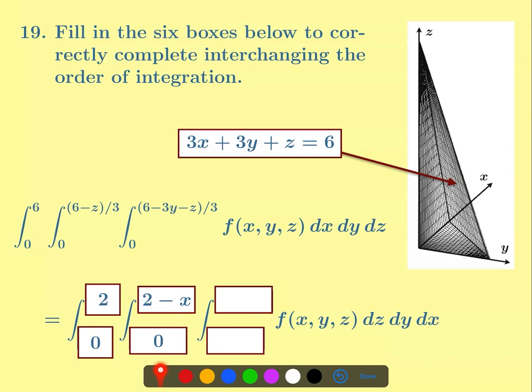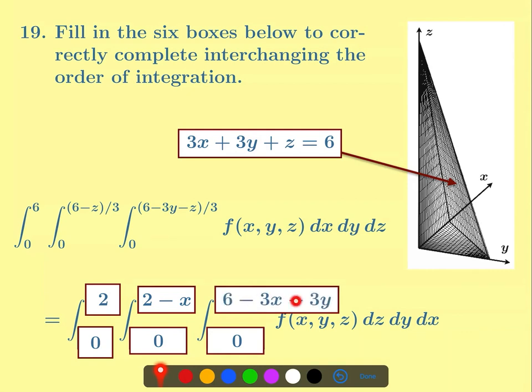Finally, for z, we want to imagine going in the positive z direction. The first thing we hit on the solid is the bottom part here where z equals 0. Give me the 0 there. And the last thing we hit is this plane. So we're going from 0 to this plane, and then we keep going. At this plane, we want to solve for z. z is going to be 6 minus 3x minus 3y here.